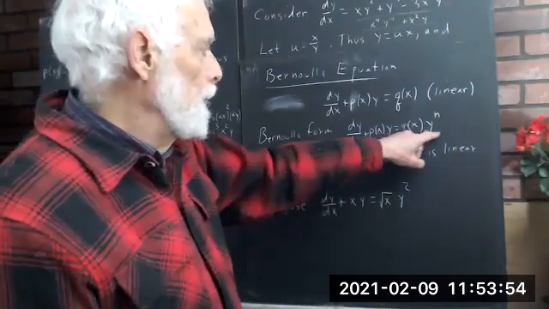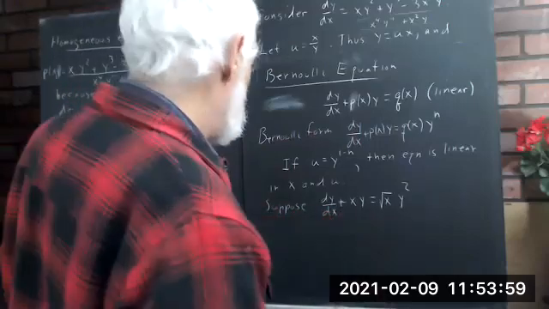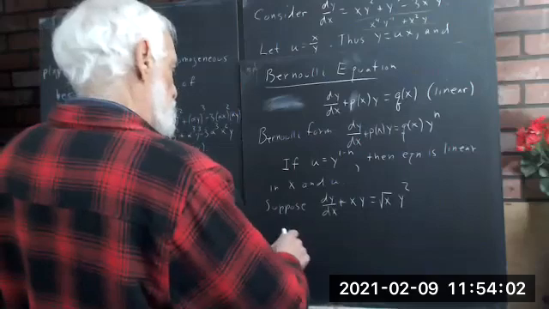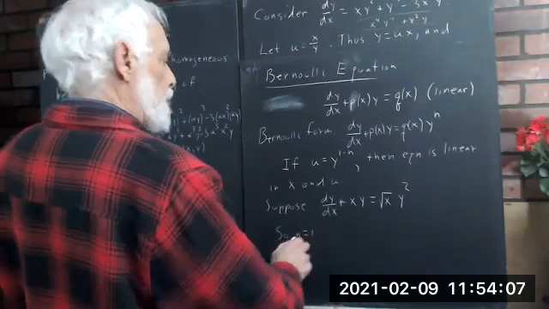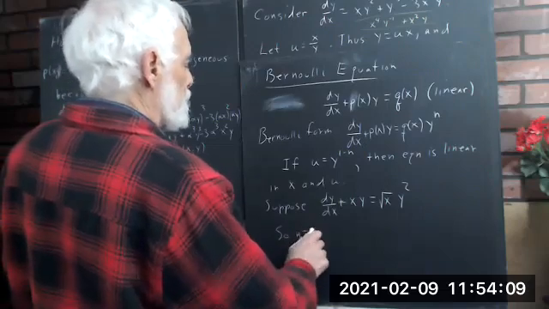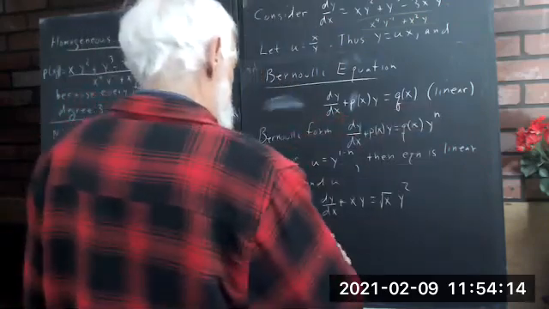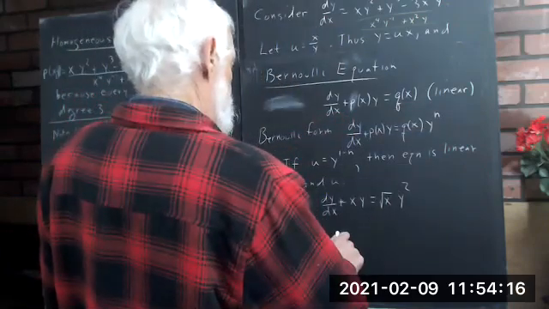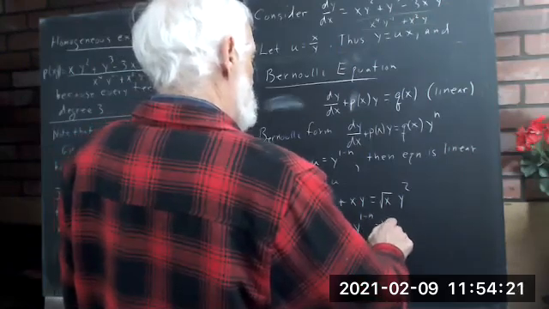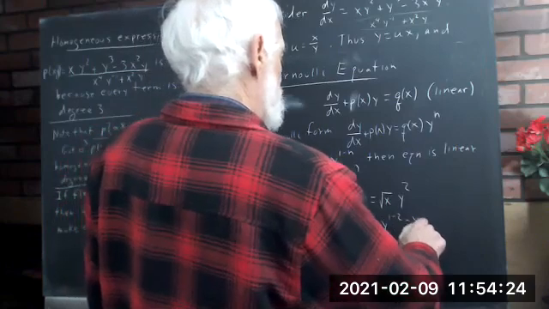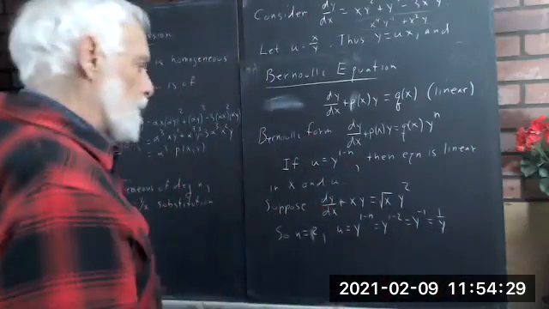And over here, you have a q of x, square root of x, in front of a power of y, times y squared. So n equals 2, and u is going to equal y to the 1 minus n, equals y to the 1 minus 2, equals y to the negative 1, or 1 over y.